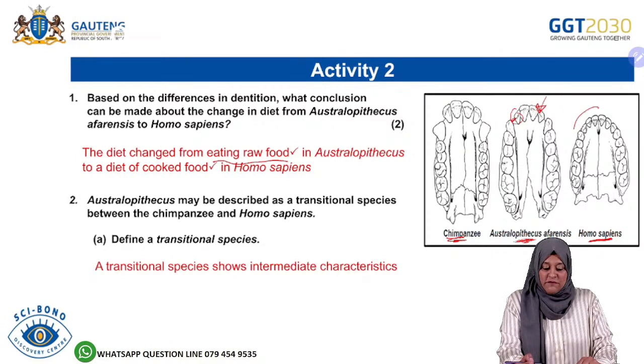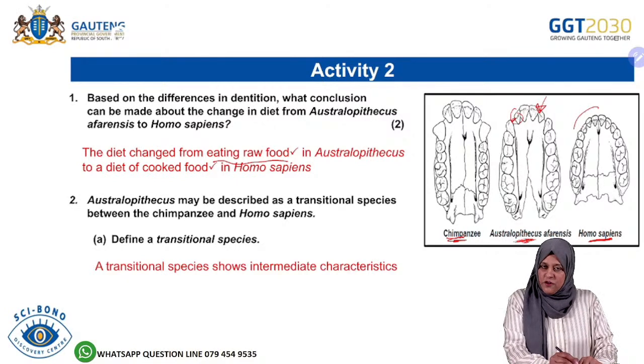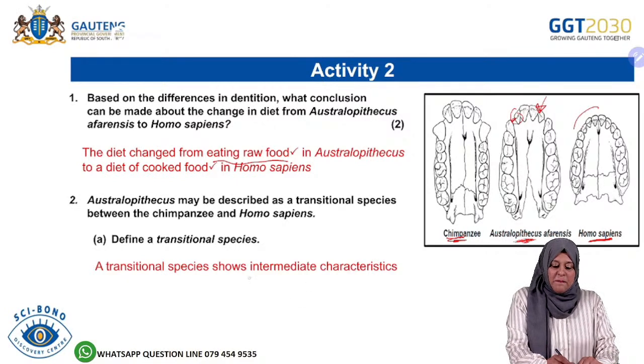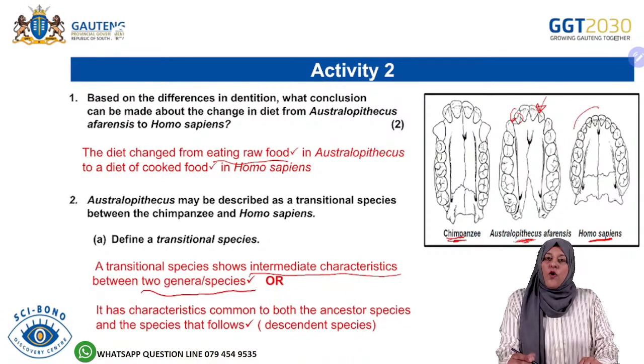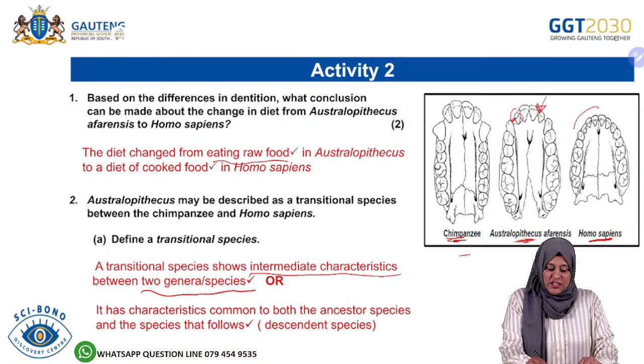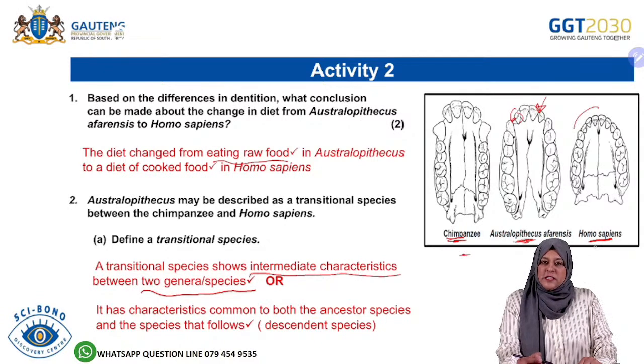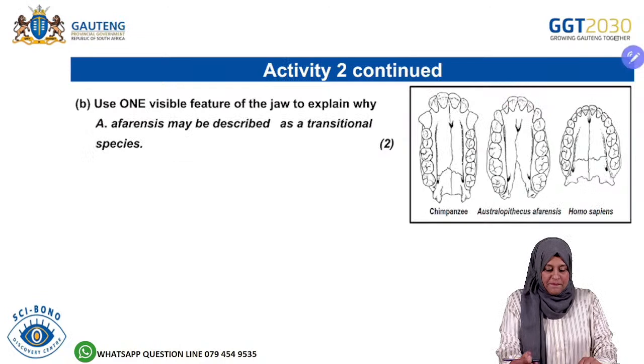Define a transitional fossil. A transitional fossil shows intermediate characteristics between 2 genera or 2 species, or it has characteristics common to both the ancestor species and the descendant species, meaning the species that follows. Right, Activity 2 continued.